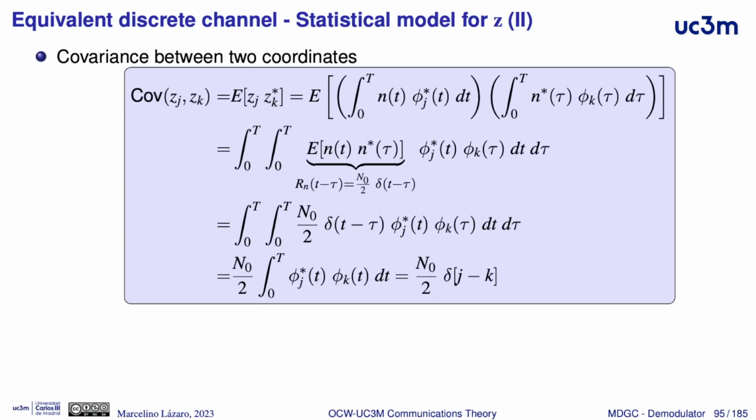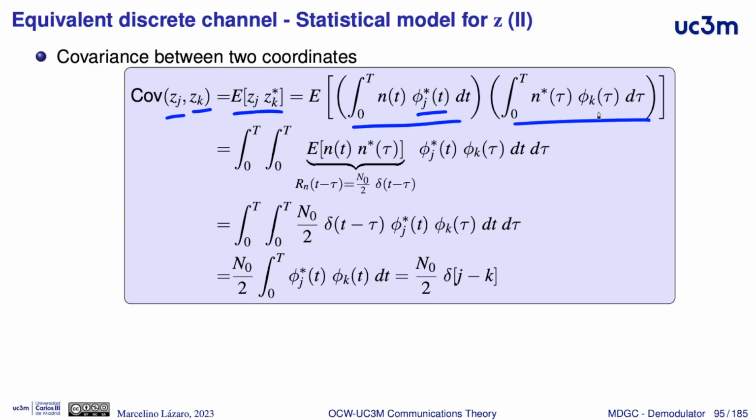With respect to the covariance between the jth and the kth coordinates, taking into account that we have 0 mean random variables, we can obtain this covariance as the expected value of the product between Cj and Ck complex conjugated. This is Cj, this is Ck complex conjugate.